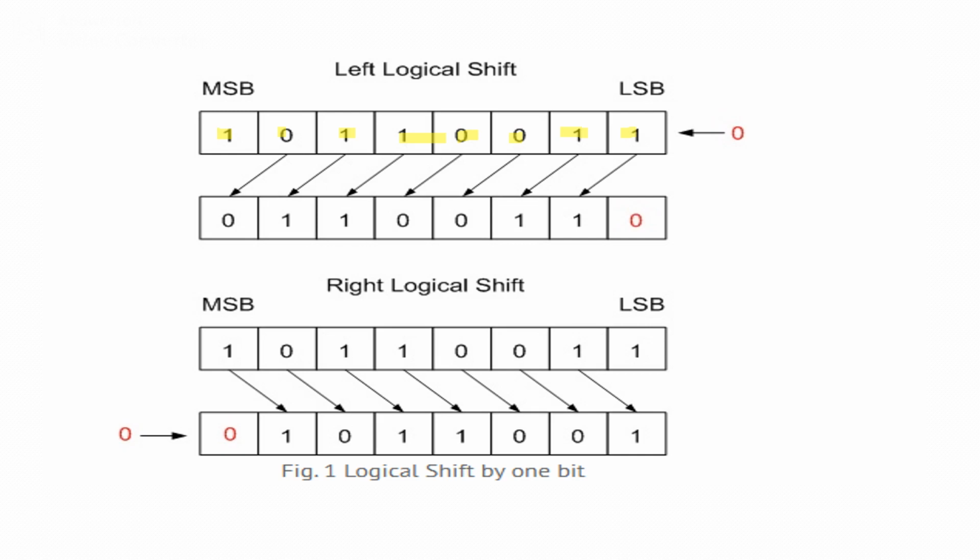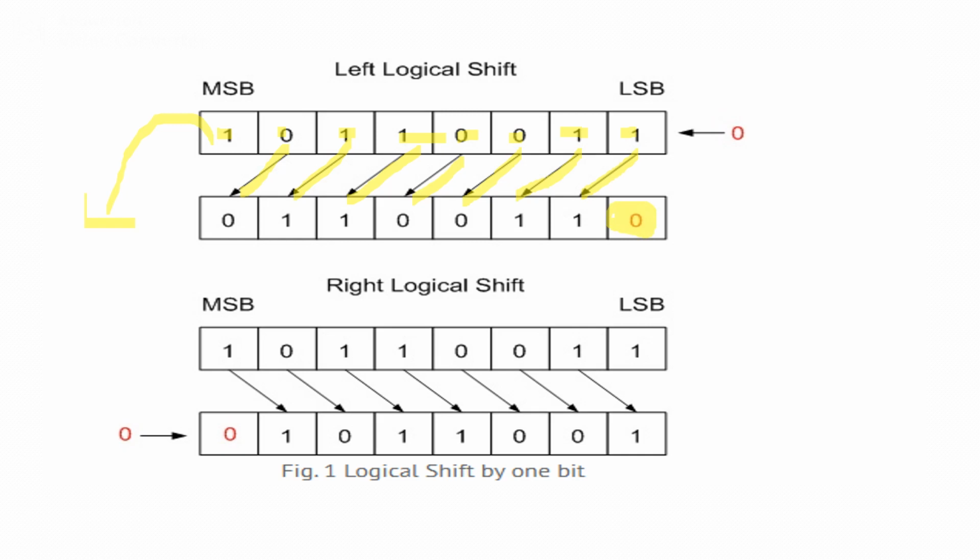This will be shifted to the previous location, giving 0, 0, 1, 1, 0, and this one will be omitted or neglected. The vacant location we can fill with 0.